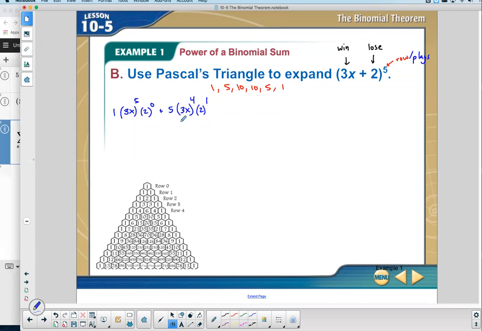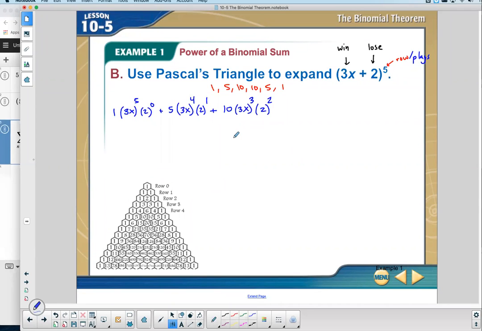So we won 5, we won 4. How many wins are you going to have next? Have you figured out the pattern? 3. One term, I won 5, then I won 4. Now I'm going to win 3 times. Now, if we win 3 times, how many losses did that mean we had? 2.